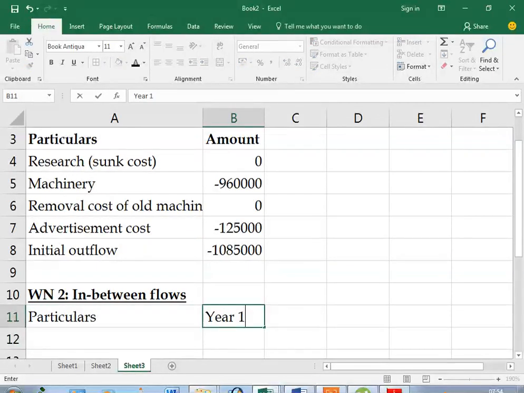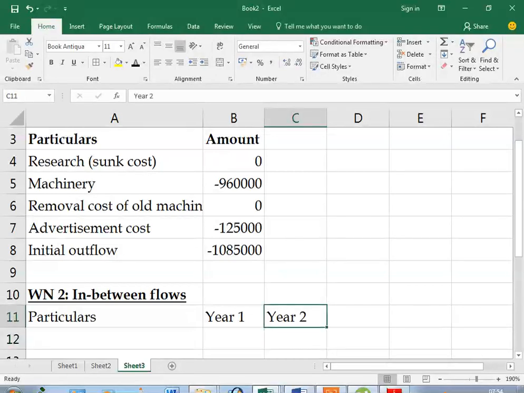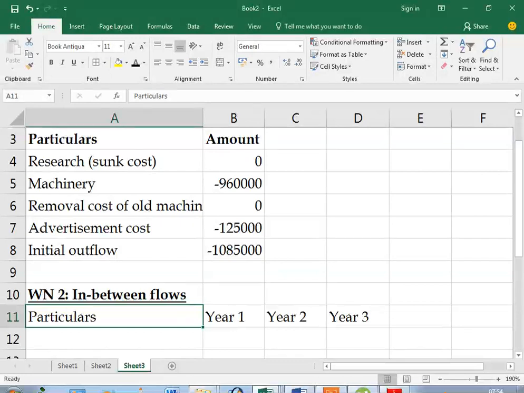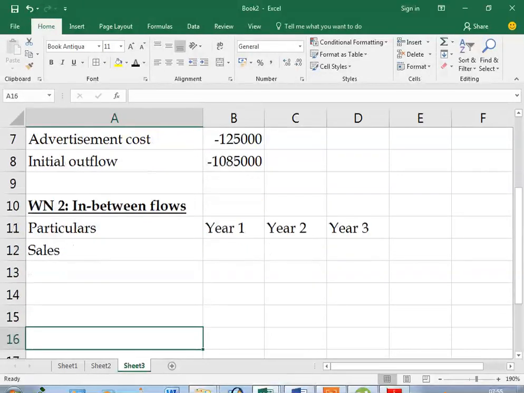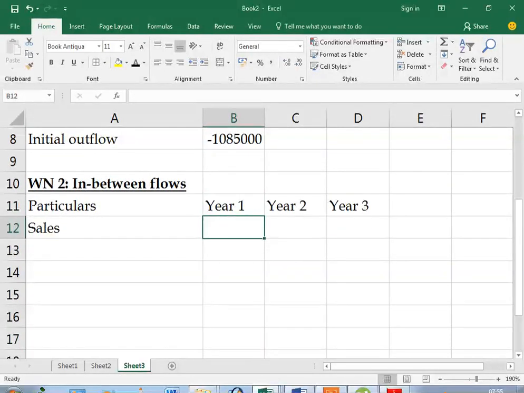Working note 2, in-between flows. Particulars in 3 years. Start with sales.